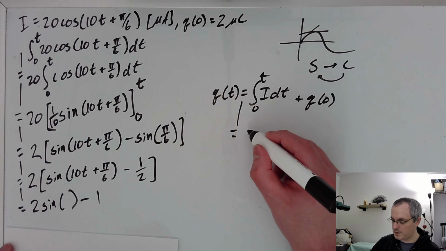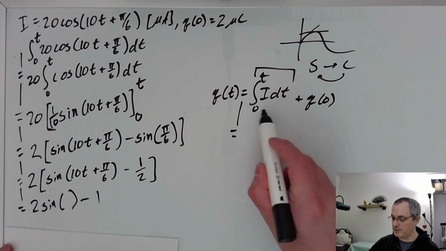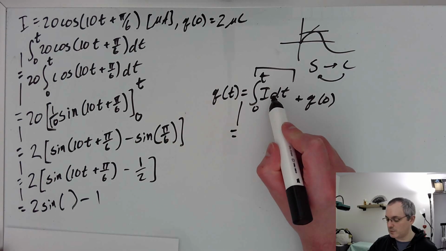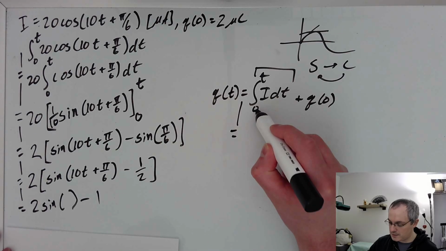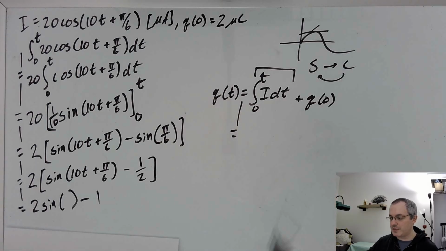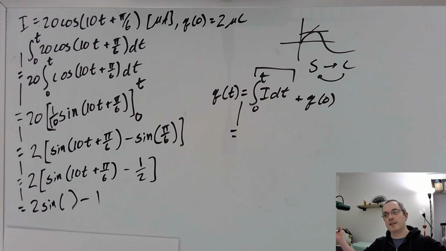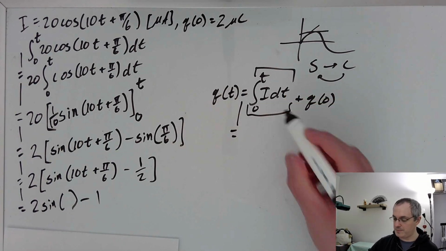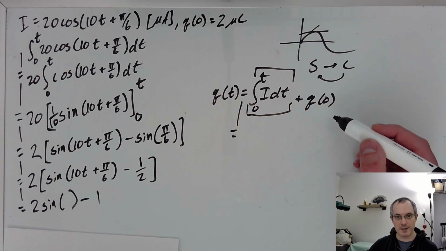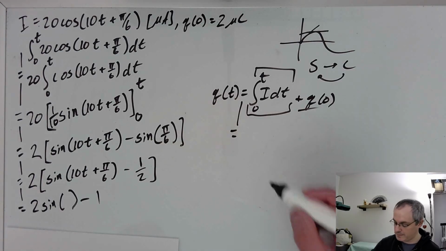Because this here represents the total amount of charge that has passed by some particular point between the times 0 and whatever time we're currently at, t. And to know the total amount of charge that has ever passed by that point, you need to know how much has passed by that point between these 2 times, plus any amount that passed by there before that. So that's why you have to add that on.